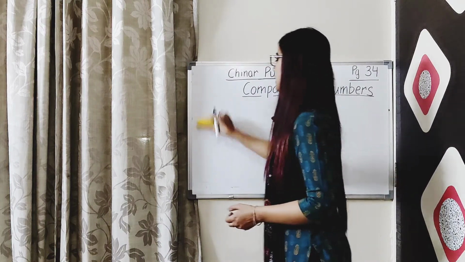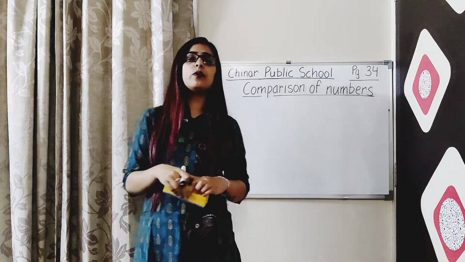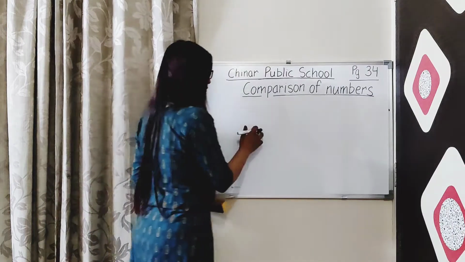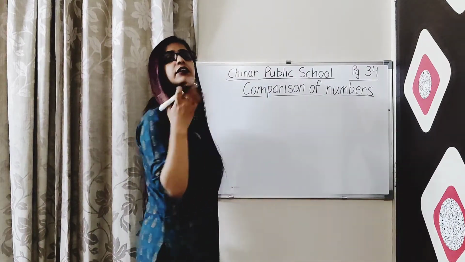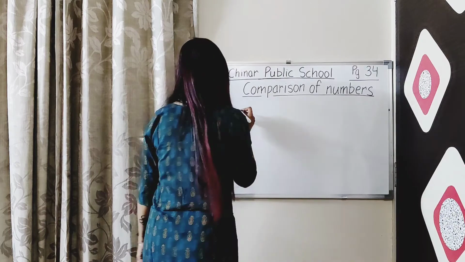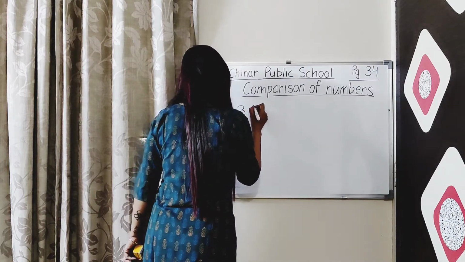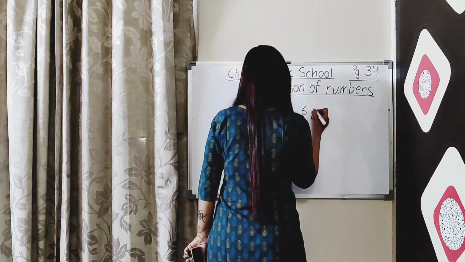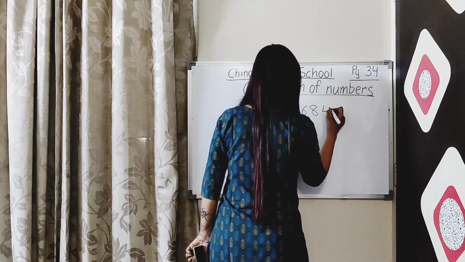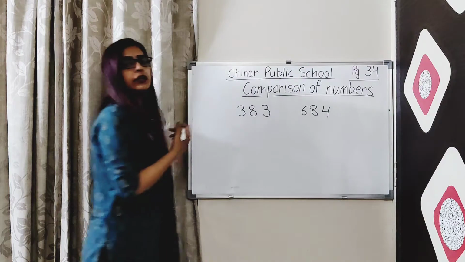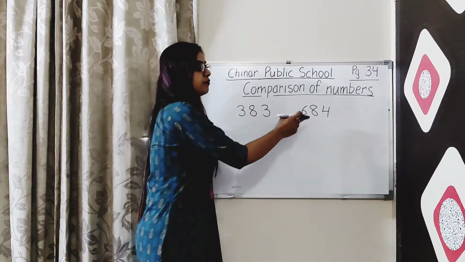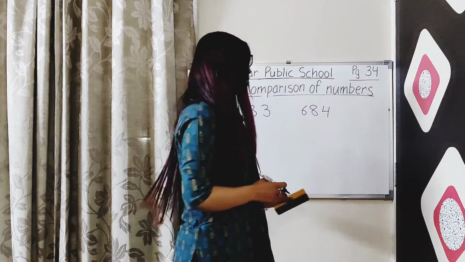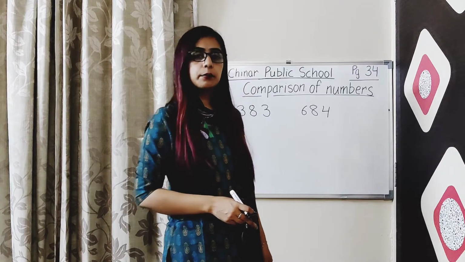Now we will check how we can compare if both numbers have the same number of digits. Like if I say 383 and 684, here you have to check which number is the bigger number.